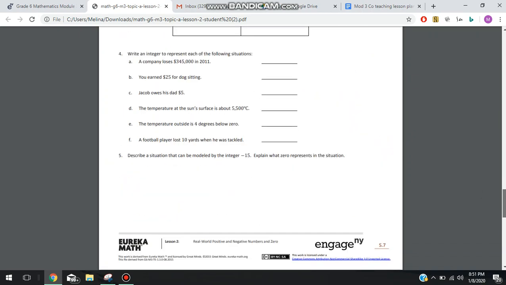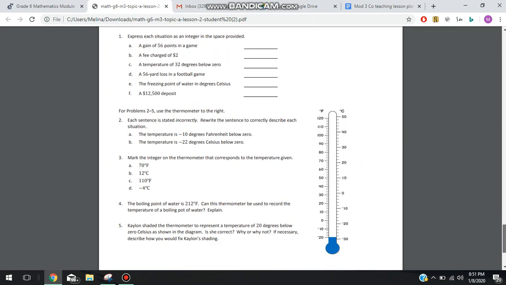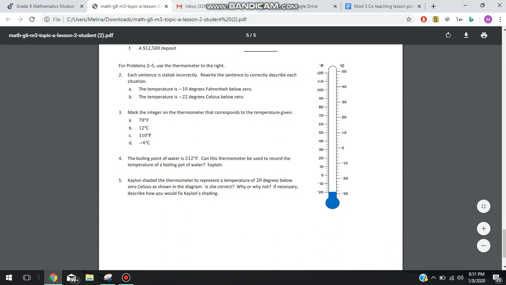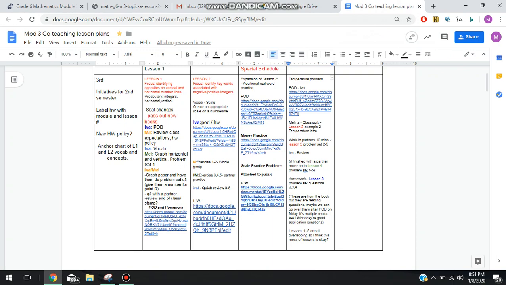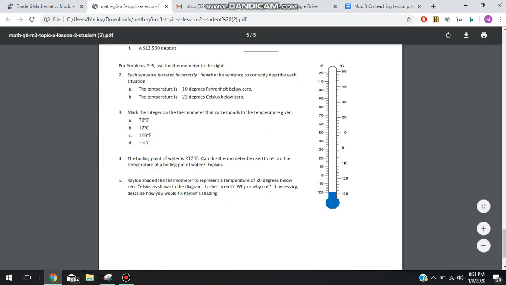This was homework, or we did it in class. Let me double check. I might as well just check now. 2 through 5. Okay, 2 through 5. So I want you to work on these problems right here.